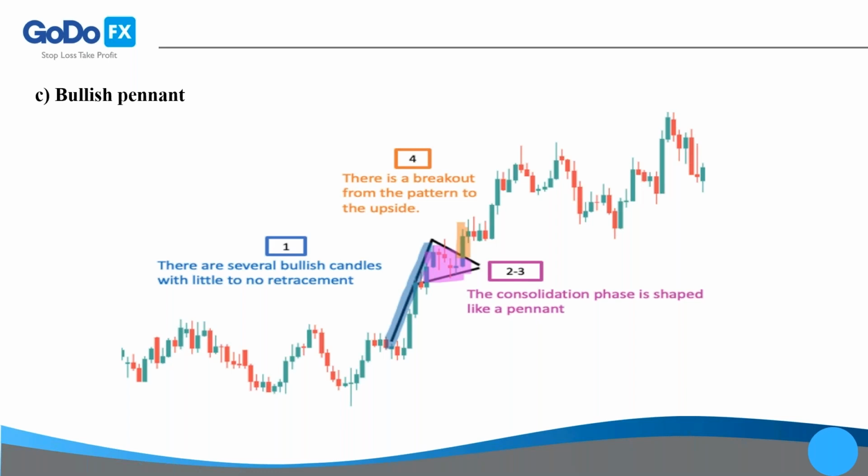There are several bullish candles with little to no retracements. Then the consolidation phase is shaped like a pennant, and there is a breakout from the pattern to the upside. After the bullish pennant, the chart is gonna move upward.